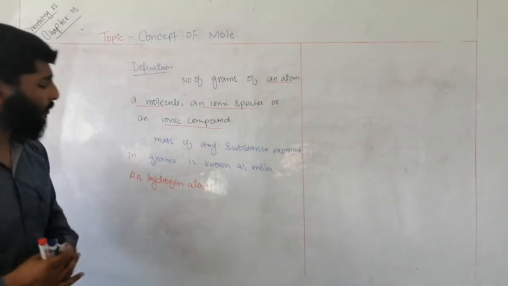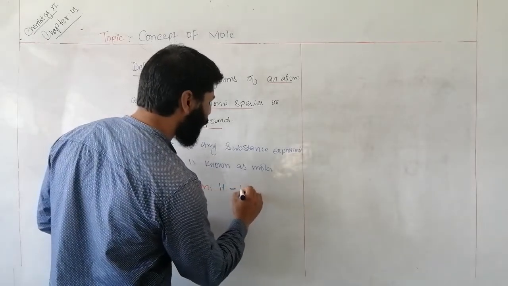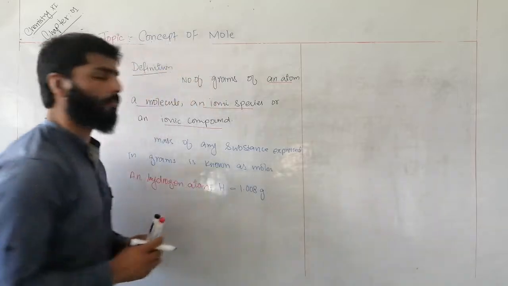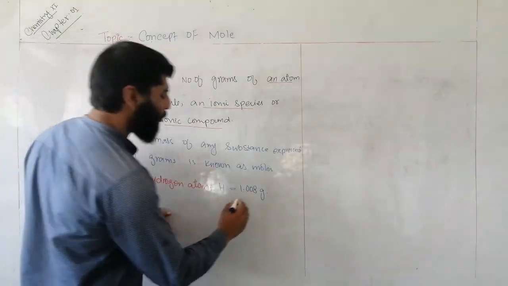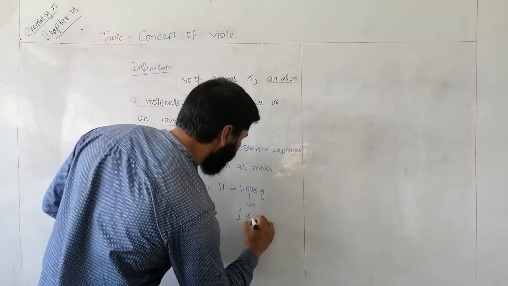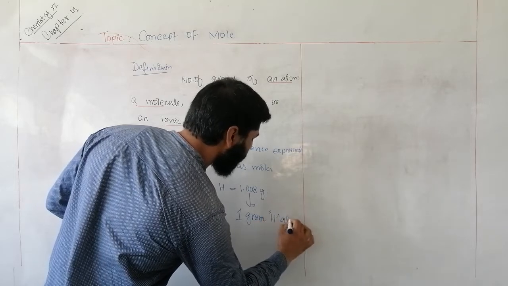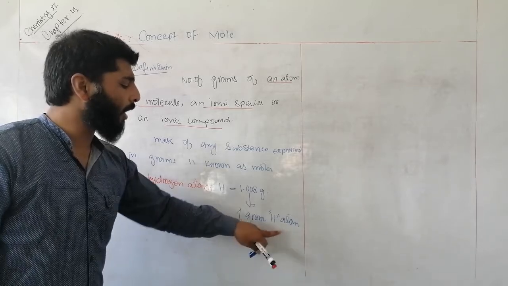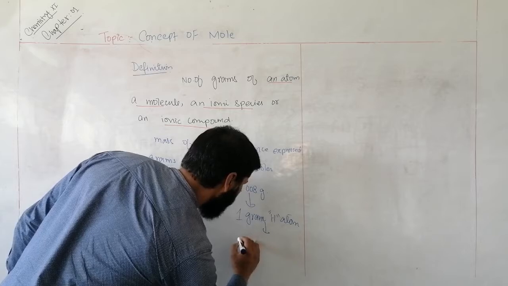When you express the mass of a hydrogen atom, H, which is equal to 1.008 grams or simply 1 gram, it is 1 gram atom, 1 gram hydrogen atom. The term 1 gram hydrogen atom means 1 gram mole.